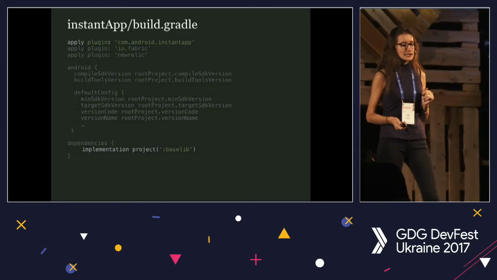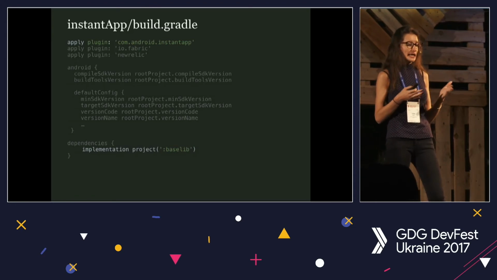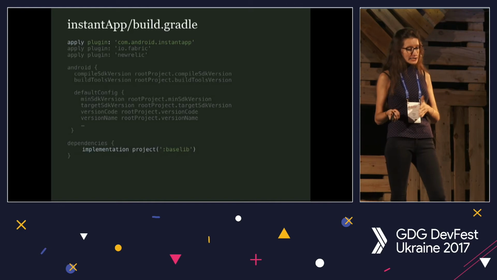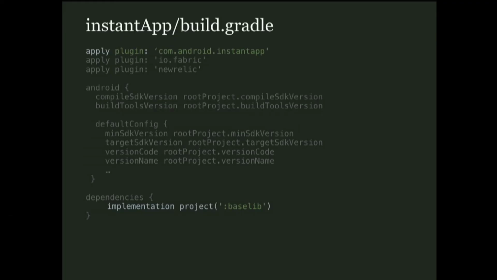Again, if you remember the chart, that arrow between the app module and the base module. It's being done through the configuration implementation project. And the build.gradle file of the instant app module looks very much like the app module. So the plugin is different, it's com.android.instantapp, but the dependencies block is the same. So you just have to give a reference to the base module.